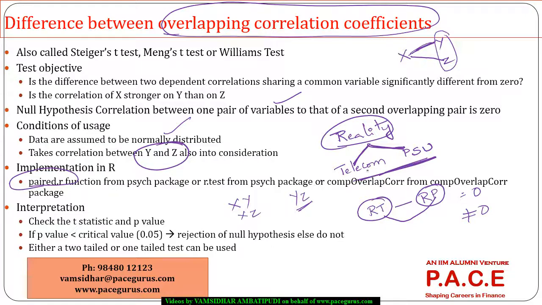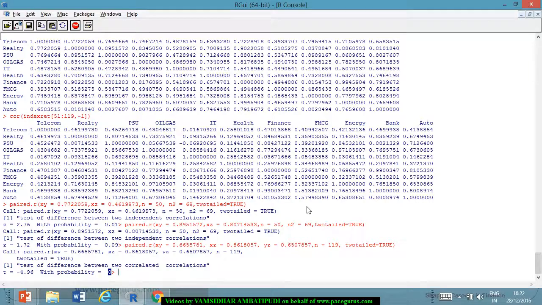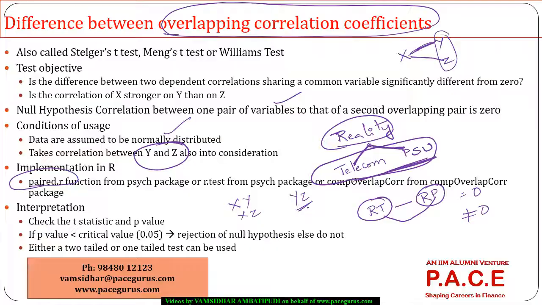But considering the kind of correlation that exists between telecom and PSU also, it came out that the difference in the correlations is significant, which is an indication that both of them are not equal. The correlation between reality and telecom versus the correlation between reality and PSU is not equal.